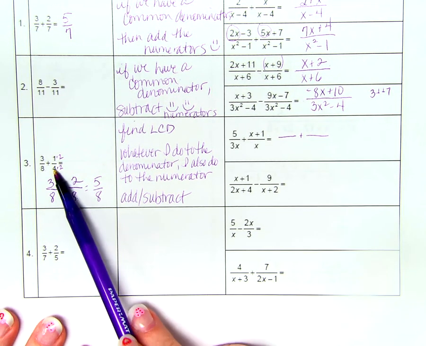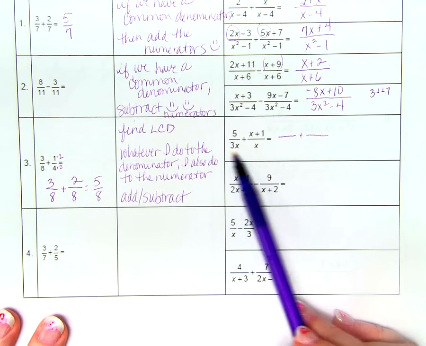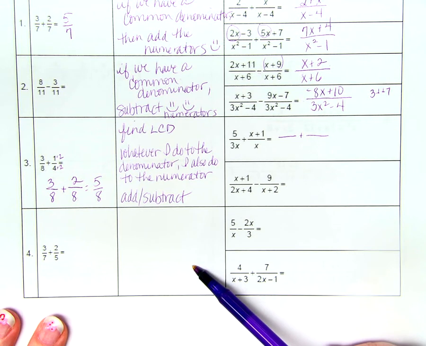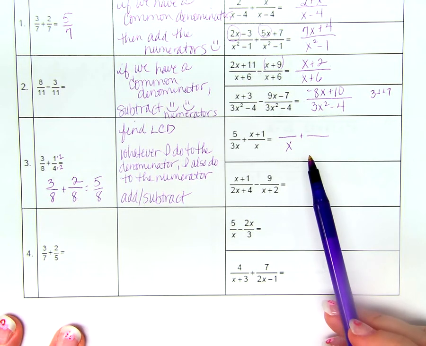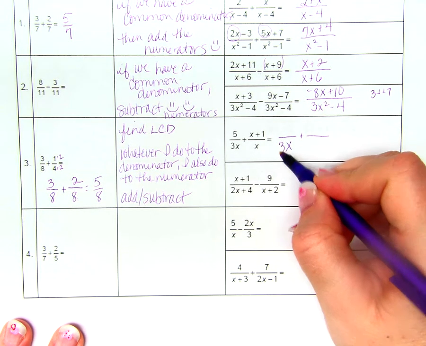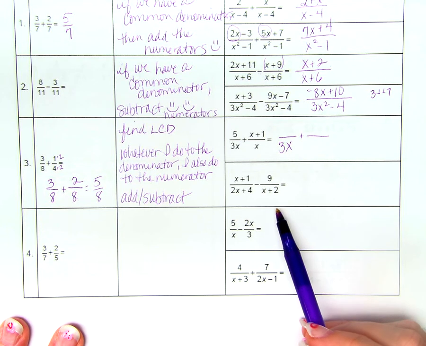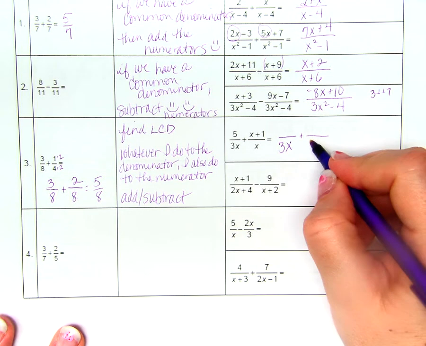If you're having trouble figuring out the common denominator, think of the factors of these two denominators. Is there a factor that they share? An x. Is there a factor that one of them has that the other one doesn't? A 3. Is there a factor that the other one has that the first one doesn't? No. So guess what the denominator is? The least common denominator. 3x. Okay? Does that make sense?